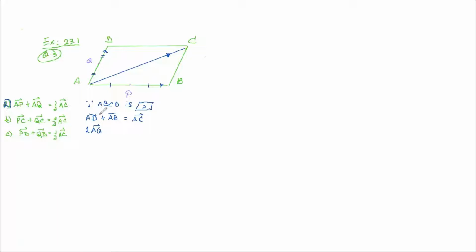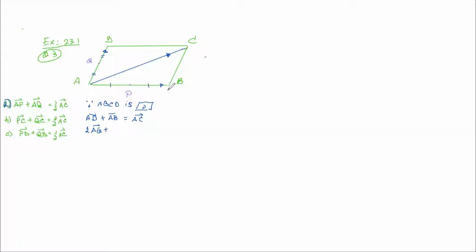So AD here in this direction equals 2 times AQ. Then at the same time, AB is what?